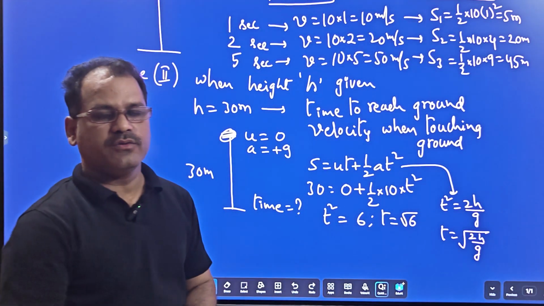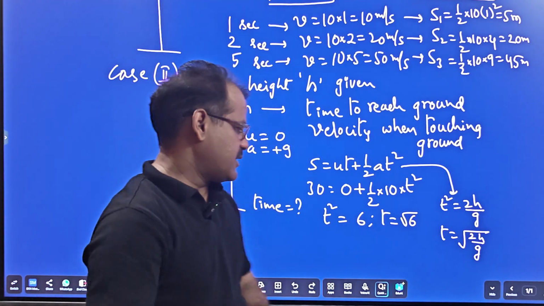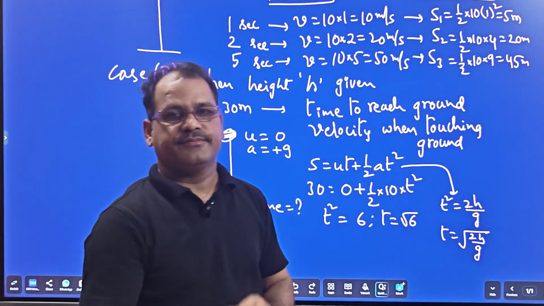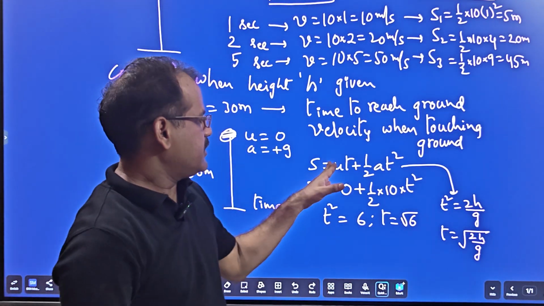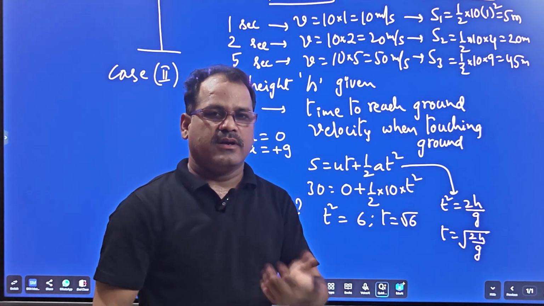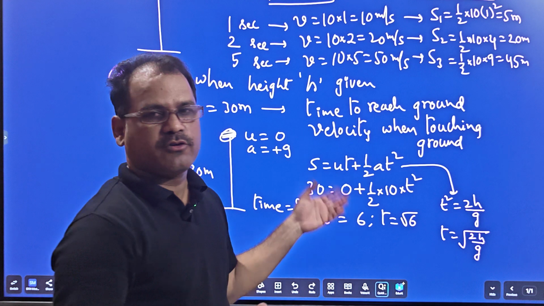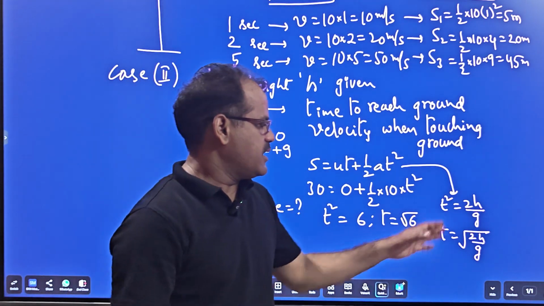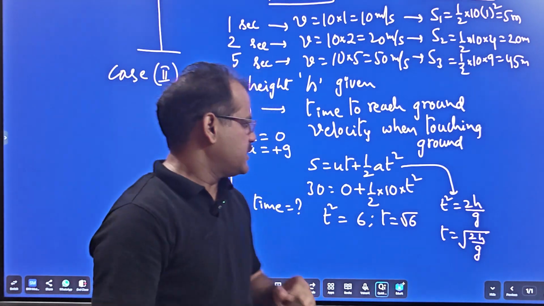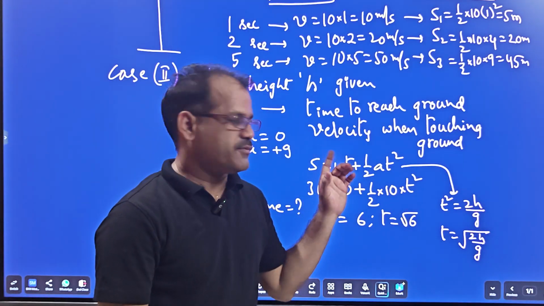This formula you can use directly to calculate the time when height is given. But I suggest that if you substitute the values directly in the basic equation, it takes the same time to get the answer. Instead of remembering more formulas, directly use the basic formula. Fine.